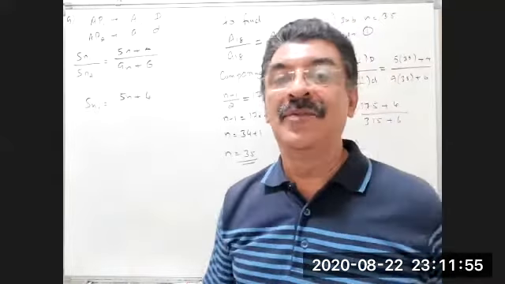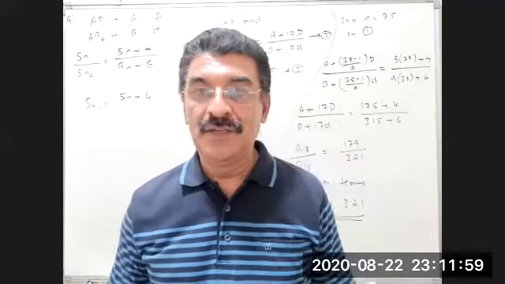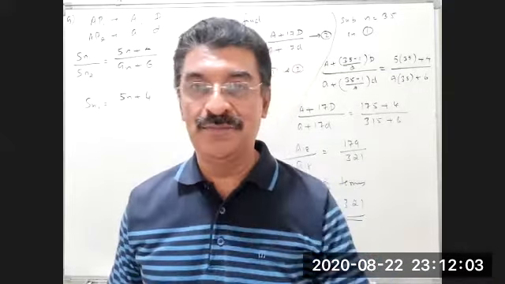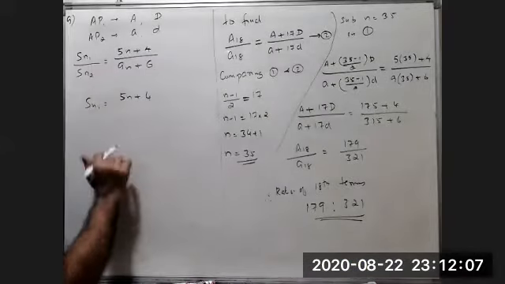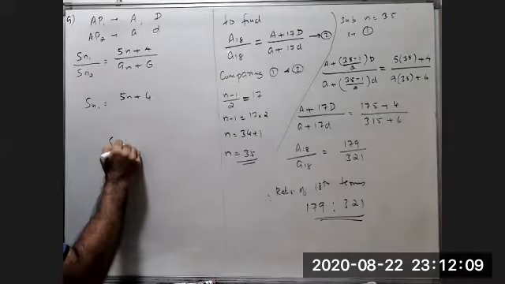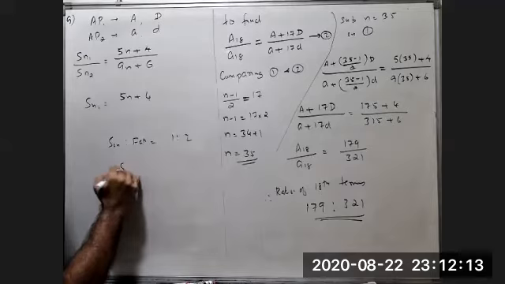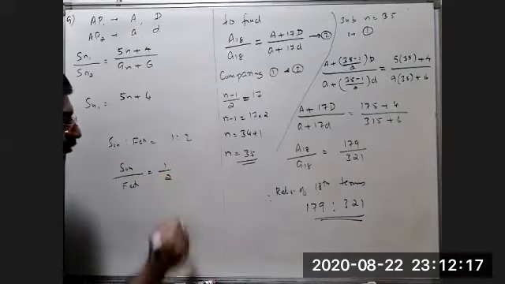For example, the ratio of age of father to son is 2:1. The ratio of age of son to father is 1:2, that means the ratio of son by father is 1/2.